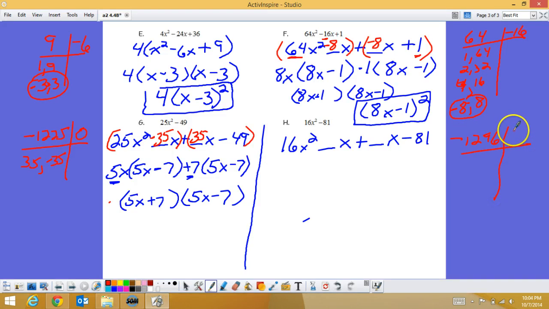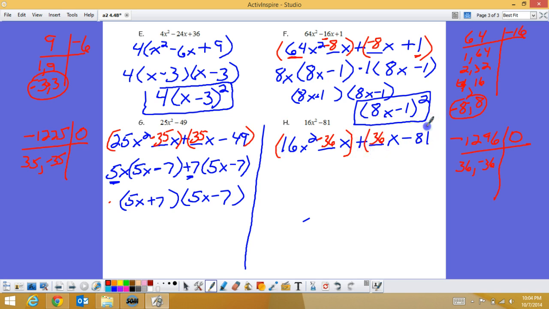But we want those two numbers to add up to 0. So we're going to find the square root of 1,296, and we've got 36 and negative 36. Those two would add up to 0 and multiply to negative 1296. So we're going to put negative 36 in one, positive 36 in the other.